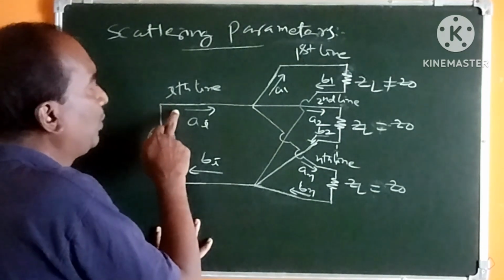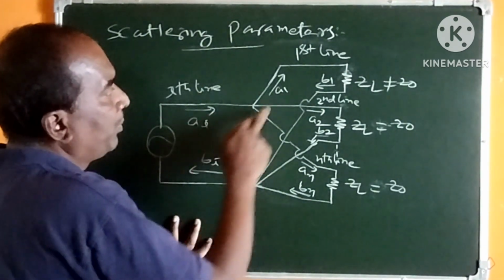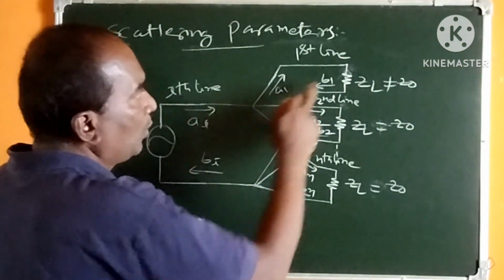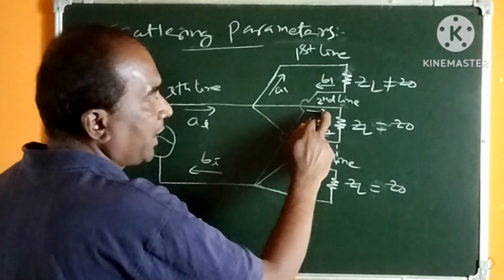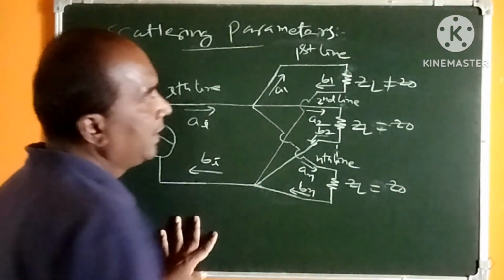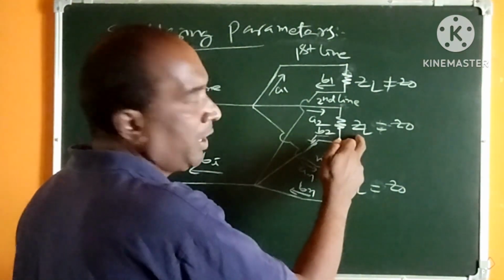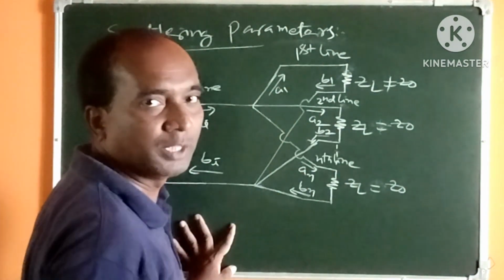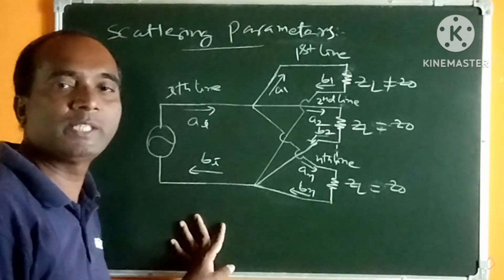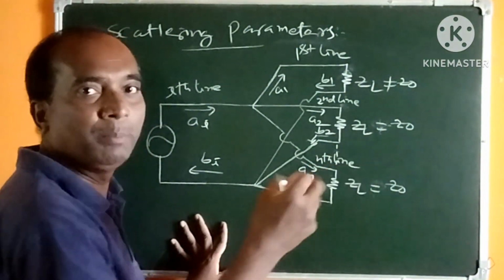When the input is applied through the source line, it splits between all the lines. It may come out through the first line, second line, third line, fourth line, etc., nth line. The second line to the nth line are perfectly matched. That means whatever signal is passing out through the second to nth line is completely absorbed.